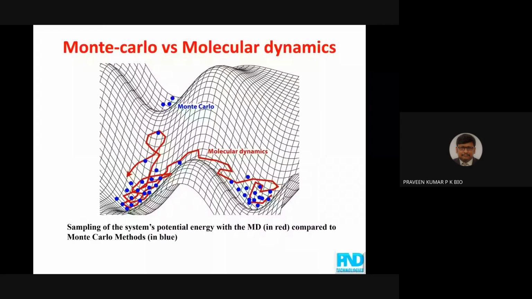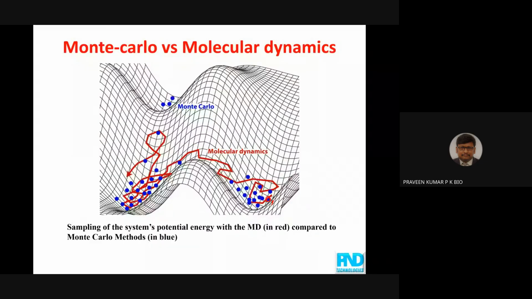And if you see this molecular dynamics versus Monte Carlo, you can see each and every blue color dot is nothing but atoms of a protein. Think like this is a protein, and if you see this Monte Carlo, what is it going to do? Whatever we have, this can be atom 1, whatever we see in this blue color.